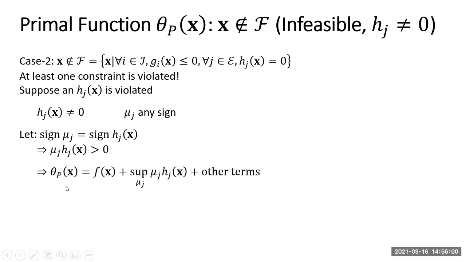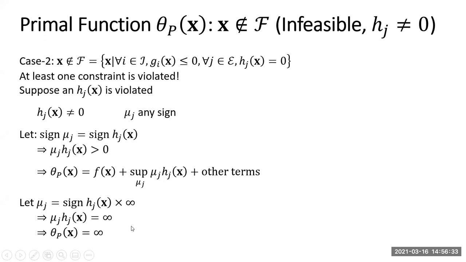So what happens to theta p of x equals f of x plus, just look at this term. We have to maximize with respect to mu j of this. We set mu j equals infinity. And so this term becomes equal to infinity, right? Correct? Yes. And so mu j hj becomes infinite and theta p of x becomes equal to infinity.